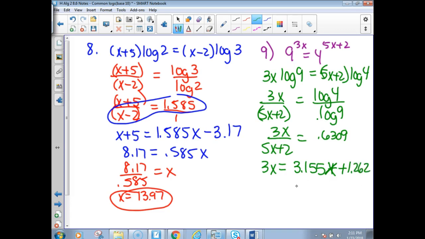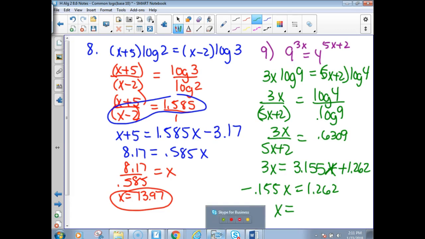Okay. Now, all I need to do is subtract 3x from both sides, but then I've also got this number here, so I can just subtract the 3.155x. It's going to be negative 0.155x equals 1.262, and then I'll have to divide by that.